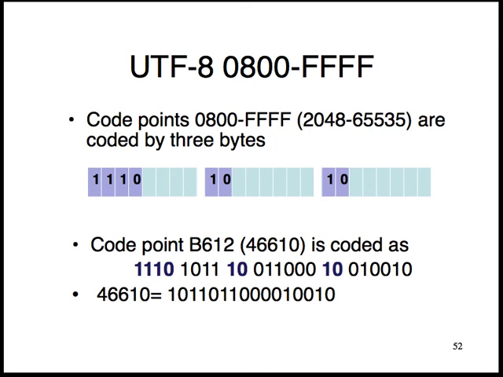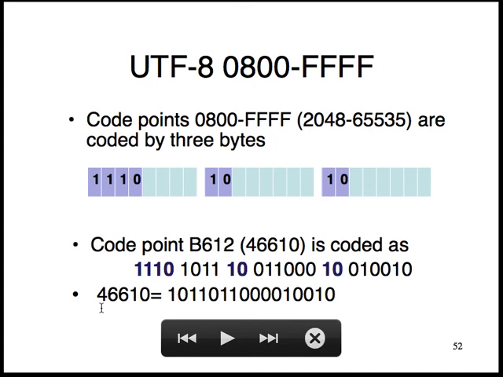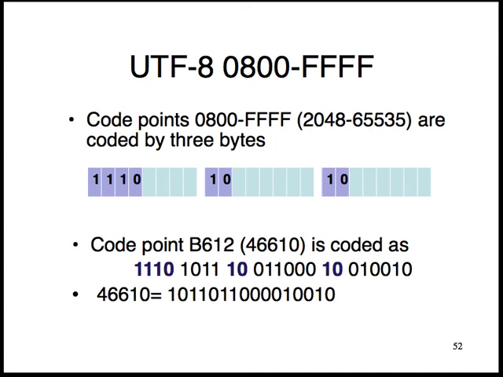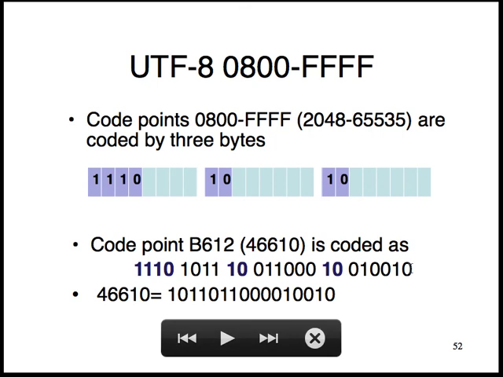On a normal day, 64,610 would be this bit sequence here, 10, 110, 11, blah, blah, blah, blah, blah. Okay? The last 6 bits go in here. This 1 0 is like a separator.